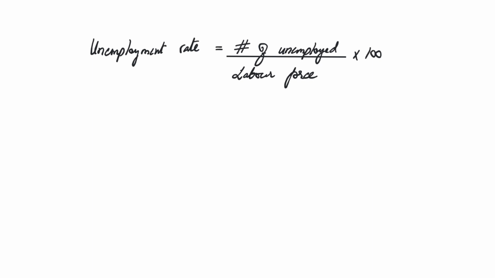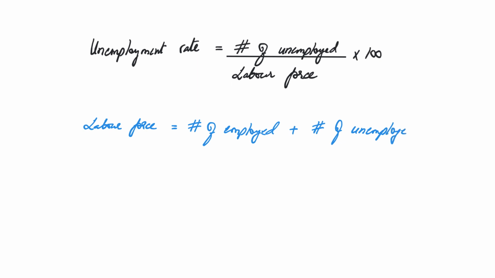But right now, I'll just mention that labor force also has a formula. Labor force is equal to number of people employed, those who are working. Obviously they were looking for work and now they found work, so now they're working, plus number of people who are looking for work but can't find work. That's what unemployed means, and that's what your labor force is.